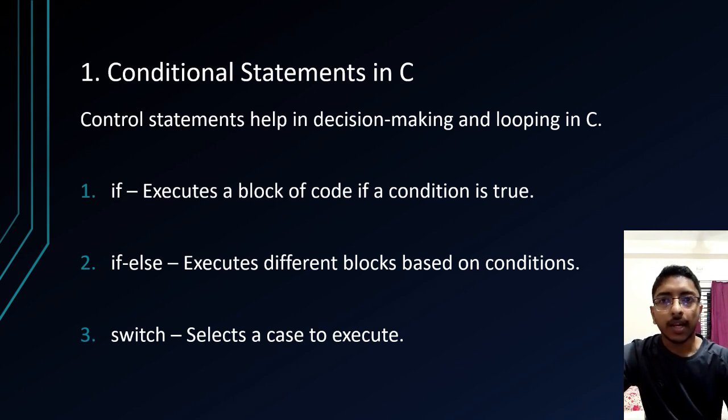If else executes different blocks based on conditions. It is like if the condition is true, it will execute the following code, and if it is not true, it will not be executed. Switch. We can also select which code to execute.